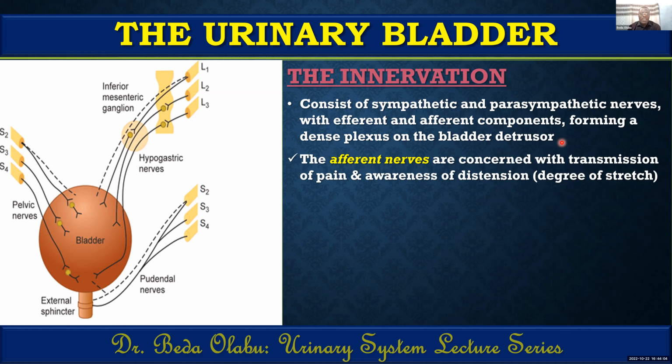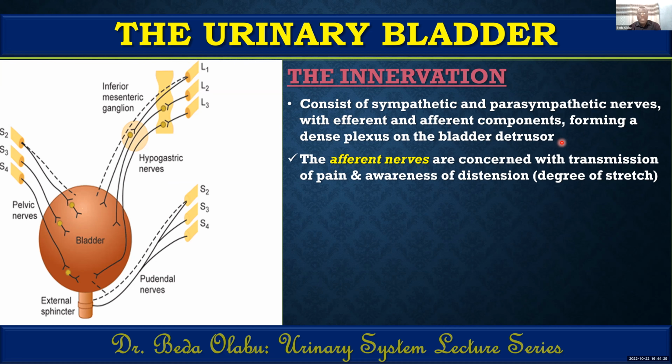The afferent nerves, the sensory nerves, are responsible for carrying sensory information from the urinary bladder to the central nervous system. Largely, this sensory information will be regarding pain sensation, as well as sensation of stretch or distension, so to speak. This is what gives the information of bladder fullness.